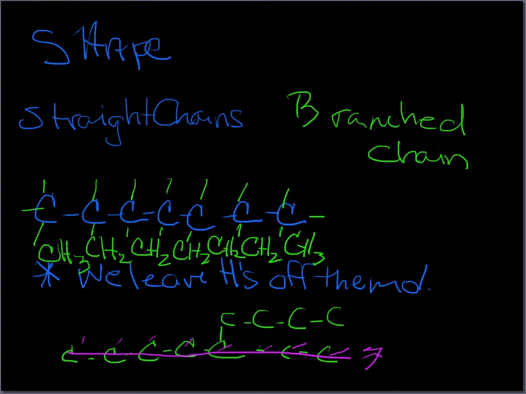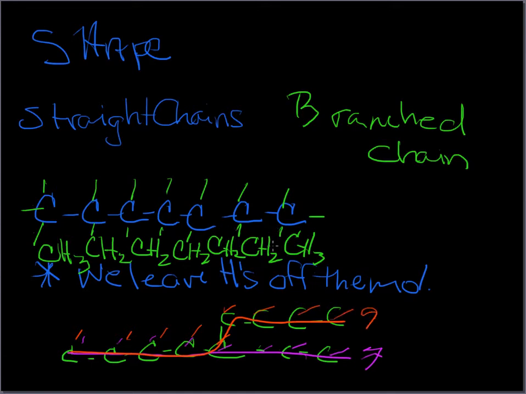However, I'll choose a different color here, and we consider that chain of carbons, we can see we have 1, 2, 3, 4, 5, 6, 7, 8, 9 carbons in that chain.